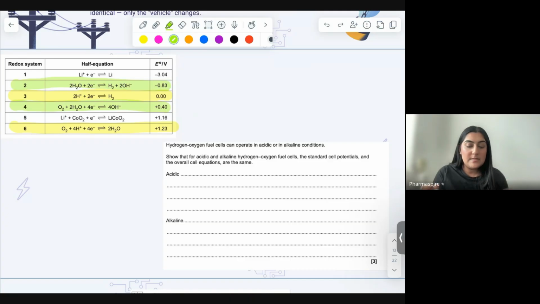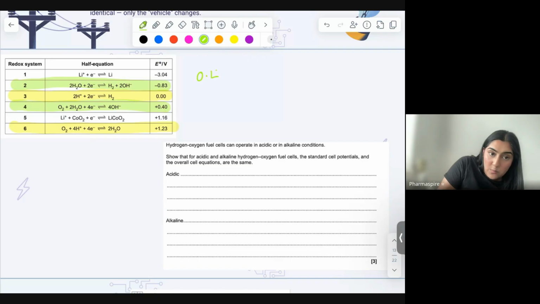Okay, so let's work out the standard cell potentials. Can everyone work out the standard cell potentials for the green? Okay, so yeah, you get 1.23. If you're confused, if I write it in green here, you do 0.4, the more positive one, minus the more negative one.